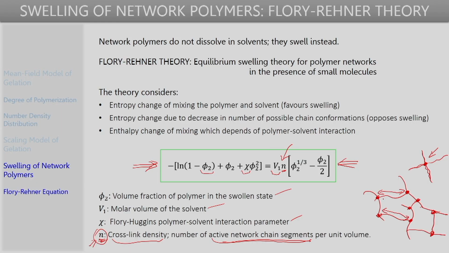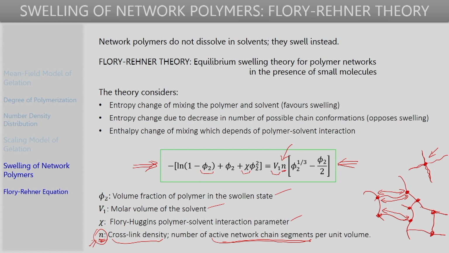So, the cross-link density that we are talking about, we can obtain if we know the polymer density, as well as the number average molar mass of these active network chain segments, that is, the number average molar mass of the chain segments between two junction points, averaged over all such active network segments present in the system.